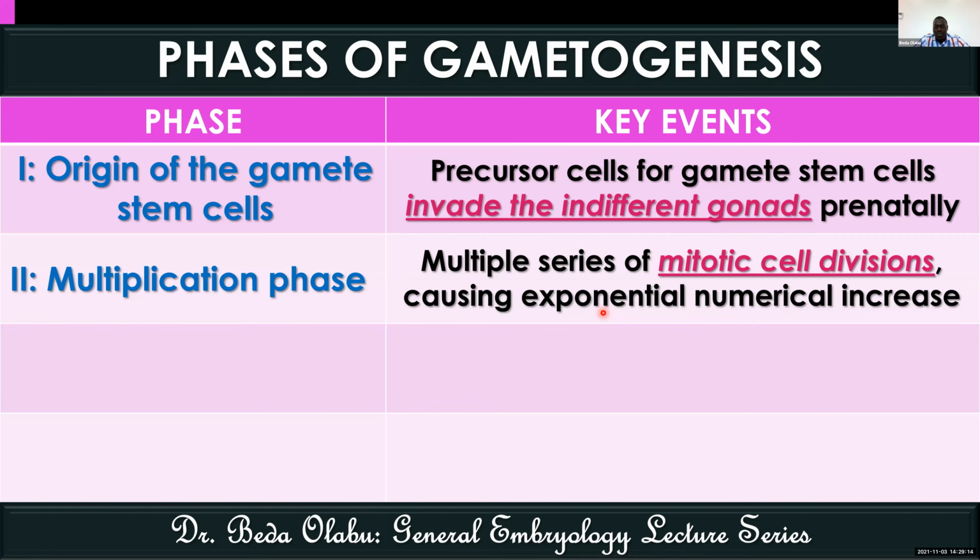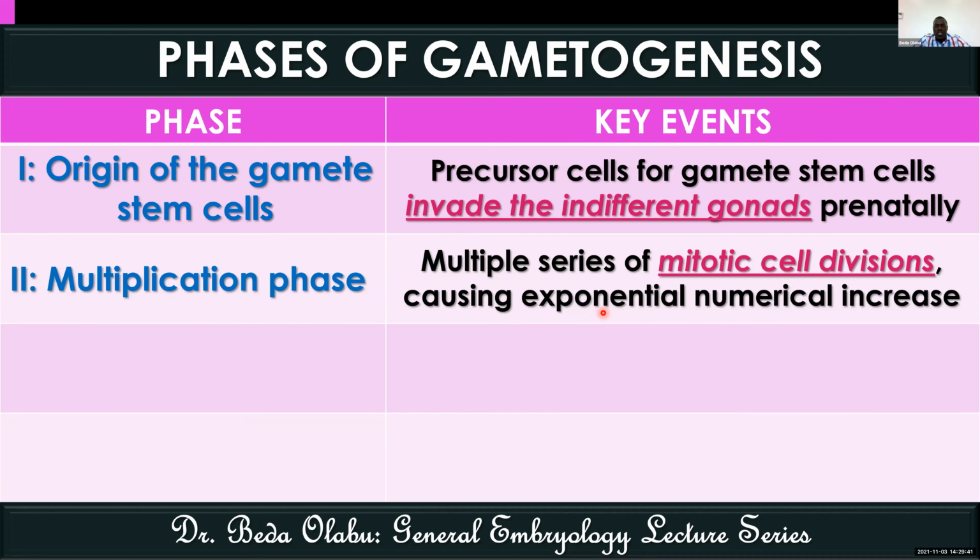You add another 2, it becomes 6. Another 2, it becomes 8, 10, 12, 14, 16, 18, 20. Yes, we are increasing, but we are increasing with a constant number, in this case 2, and that is called linear increase.